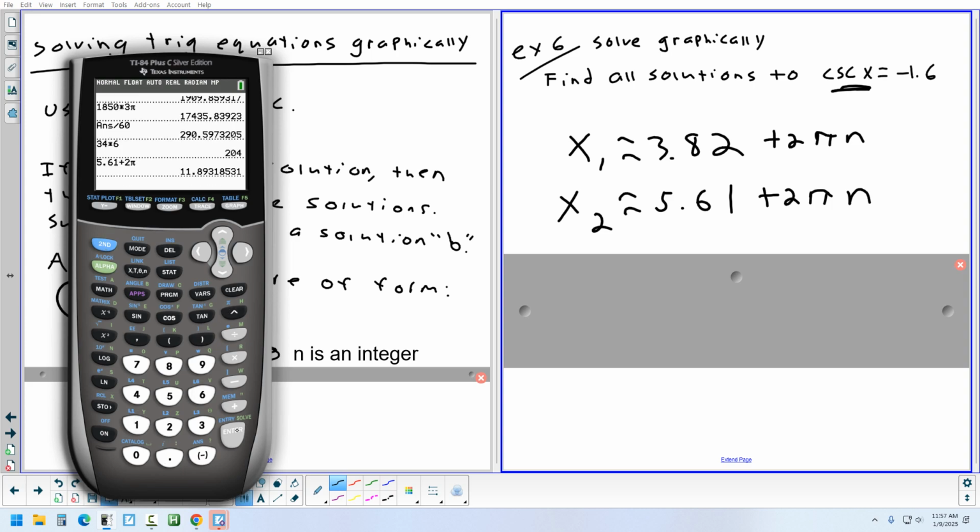If I drew the next cycle and did the intersect, it would be at 11.89. The next time you would see the answer after that cycle would be at 18.17. And again and again. That's the same answer every 2 pi units. And that's how you represent all of them, just like that.